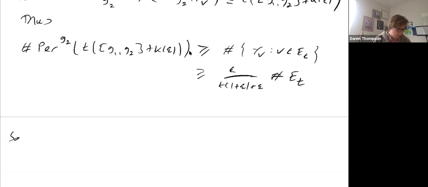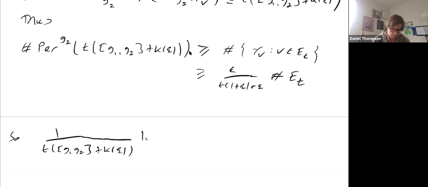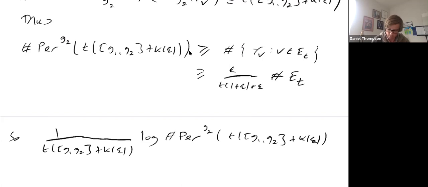I want the growth rate of the thing on the left. So 1 over T, G1, G2. Looks like I'm going to overrun by 1 or 2 minutes, but not more than that. Log of, just normalized by the appropriate time that we're thinking about.